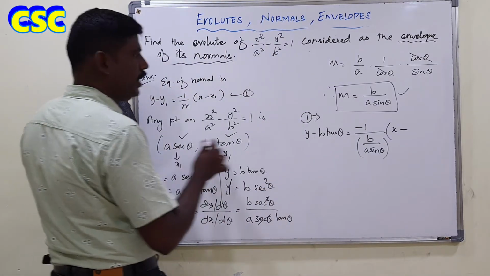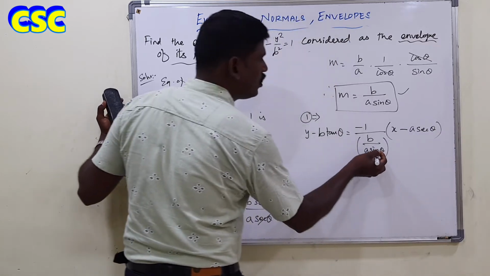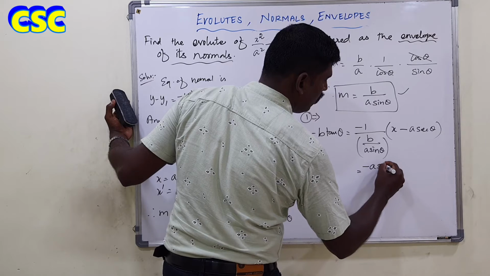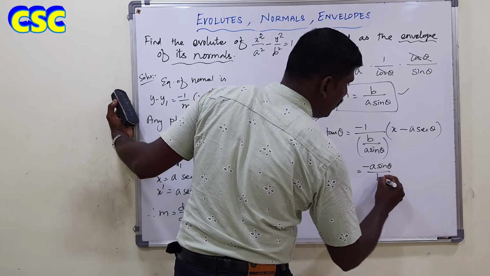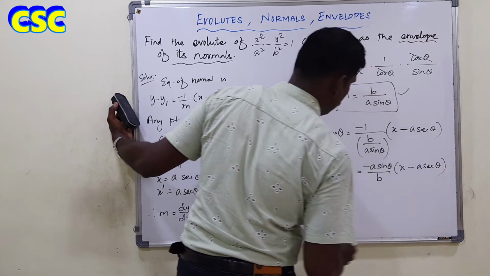What is x1? A secant theta. This a sin theta becomes the numerator. So minus a sin theta by b into x minus a secant theta.